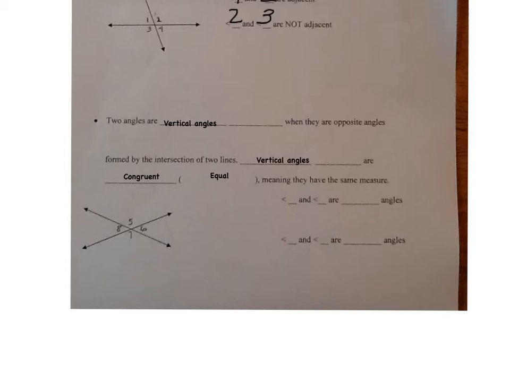Well, looking back at your definition, you know that they are formed by the intersection of two lines, and they are opposite from one another. So looking at our example, angle 5 and angle 7 are considered vertical angles.